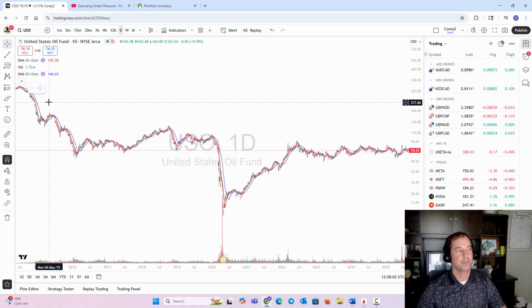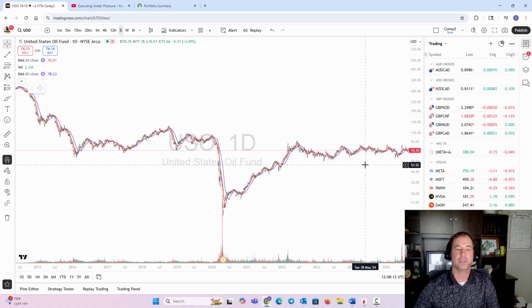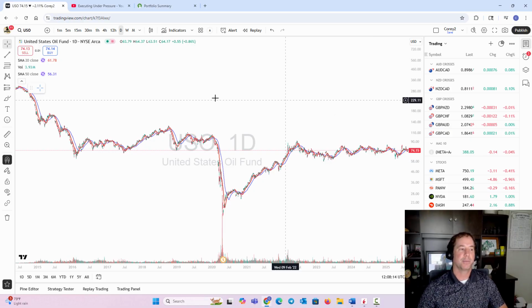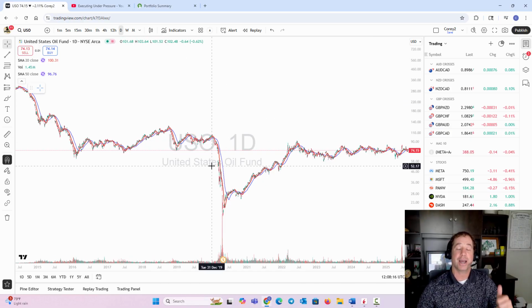Heck no. The reason this is down from $300 a barrel in 2015 to its current share price is that constant devaluation, that loss of value in some of these ETFs that charge high expense ratios and are built to basically lose net asset value over time.